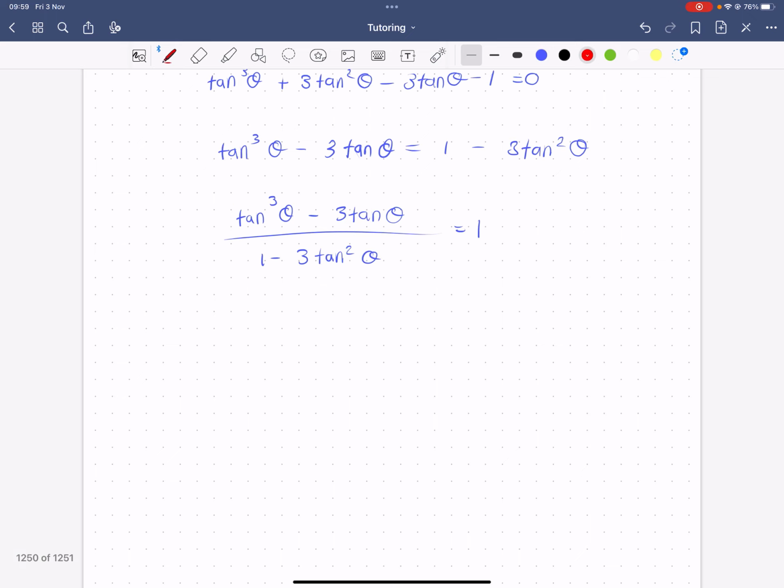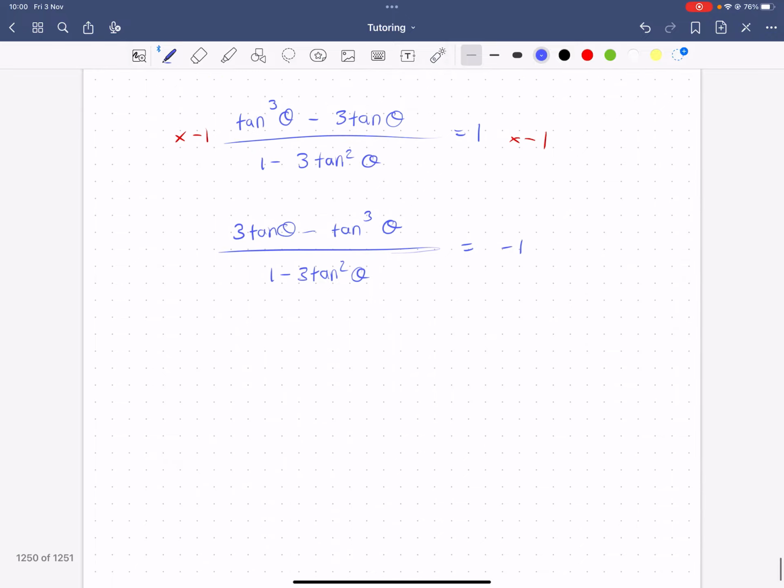Now we're really close because the denominator is the same as the previous question, but the numerator is not. It's almost the same, though, if I flipped it and wrote it backwards, it would be the same. We can do that by multiplying both sides by minus 1. So I've got 3 tan theta minus tan cubed theta over 1 minus 3 tan squared theta, and that's equal to minus 1.